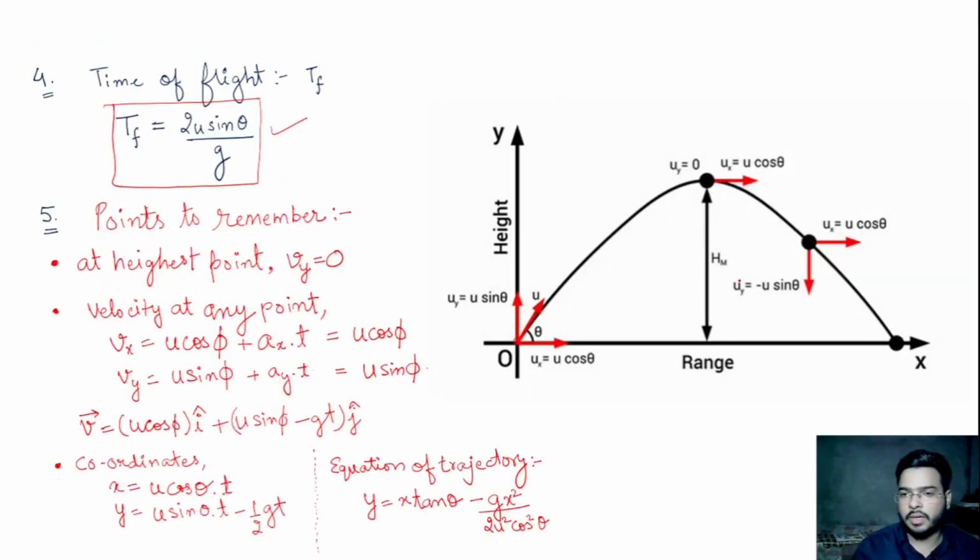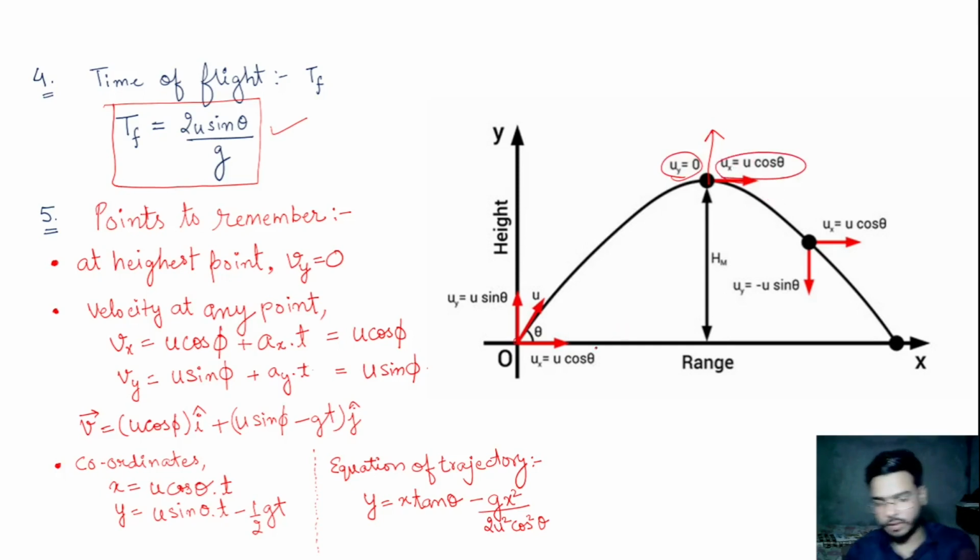We can say that at this point there is the height. This one is the height we have to measure here. So we will just discuss this point also. At this point there is no vertical component. Vertical velocity is 0, okay, and the horizontal velocity is equal to u cos theta.